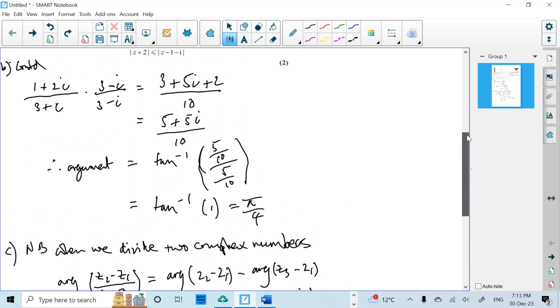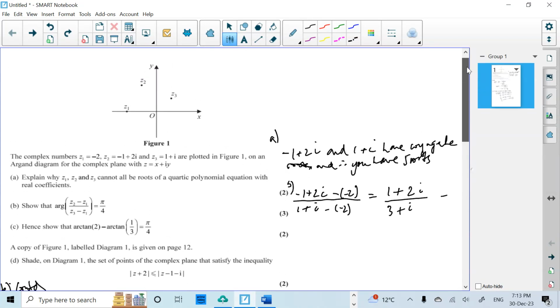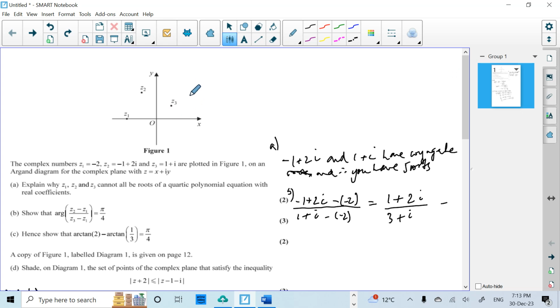We've shown that. Now let's go back to our drawing here for our arg diagram. Now we have this point, I believe, this is our point 1 plus i, isn't it?